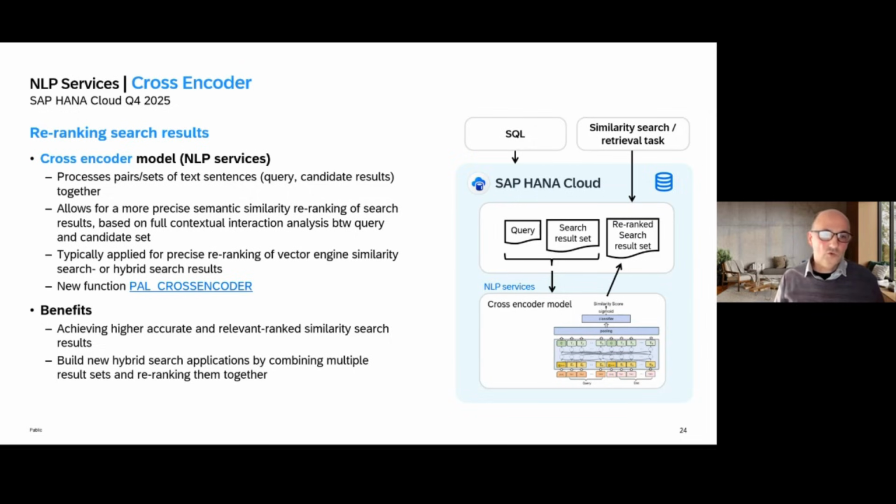This cross-encoder also offers the opportunity to have a query with result sets from different query scenarios, maybe vector similarity search but also classic text search results, merge them together, pass them into the cross-encoder, and get a single re-ranked result set across different search query types.